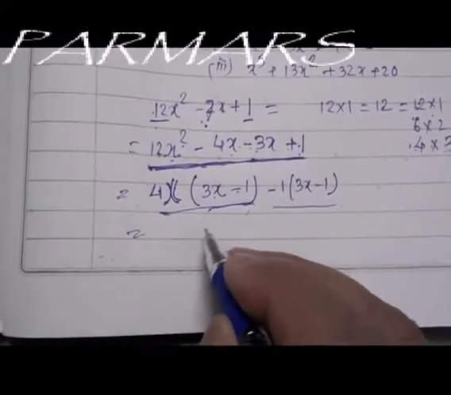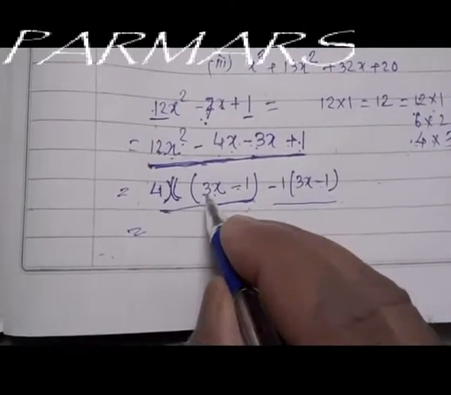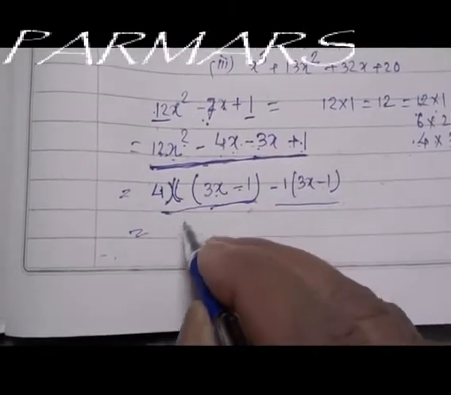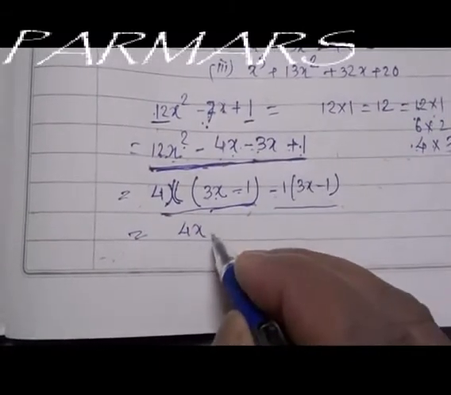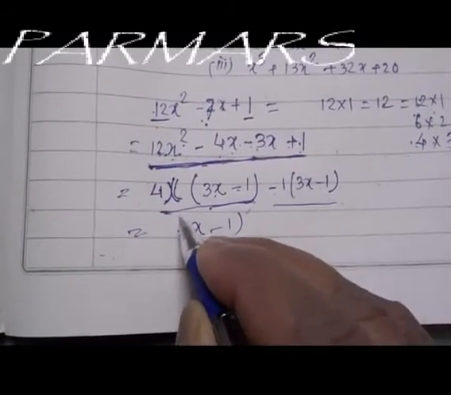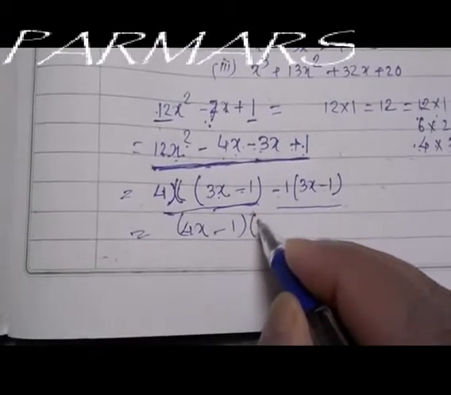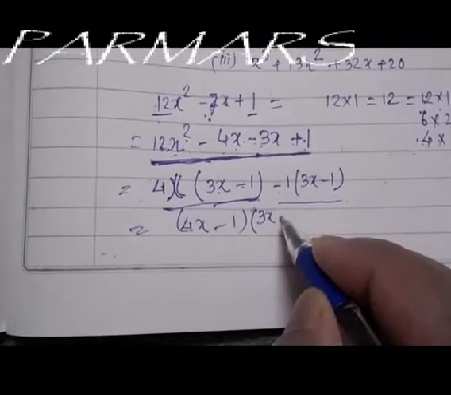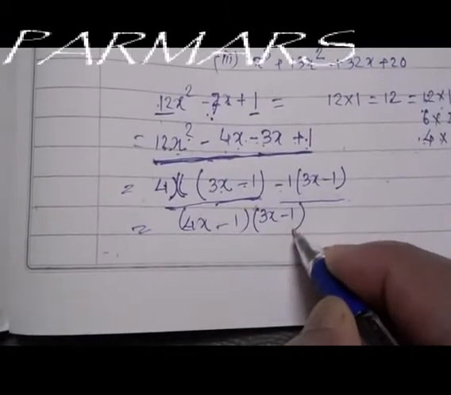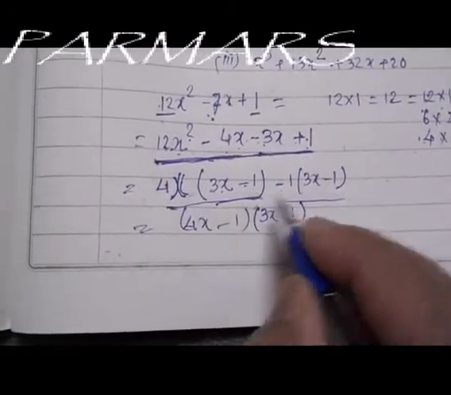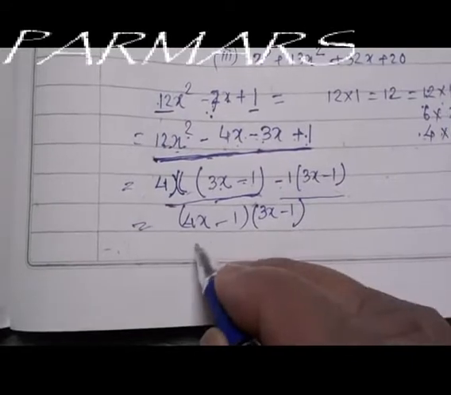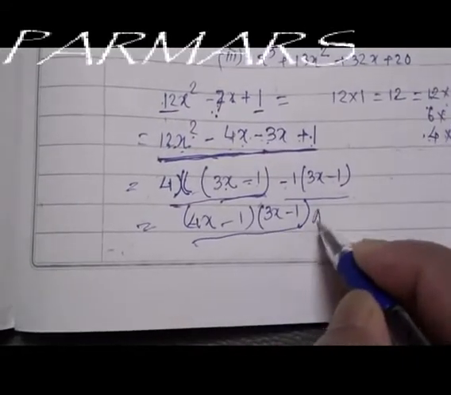Then we can take 3x minus 1 as a common. 4x, next minus 1. Whenever I take 3x minus 1 as a common, we get 4x in the first factor, minus 1 in the second factor. So this is the answer.